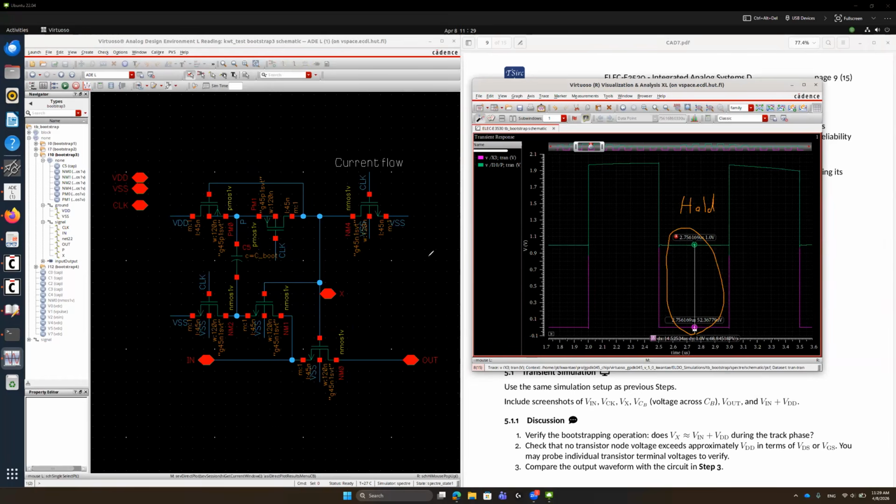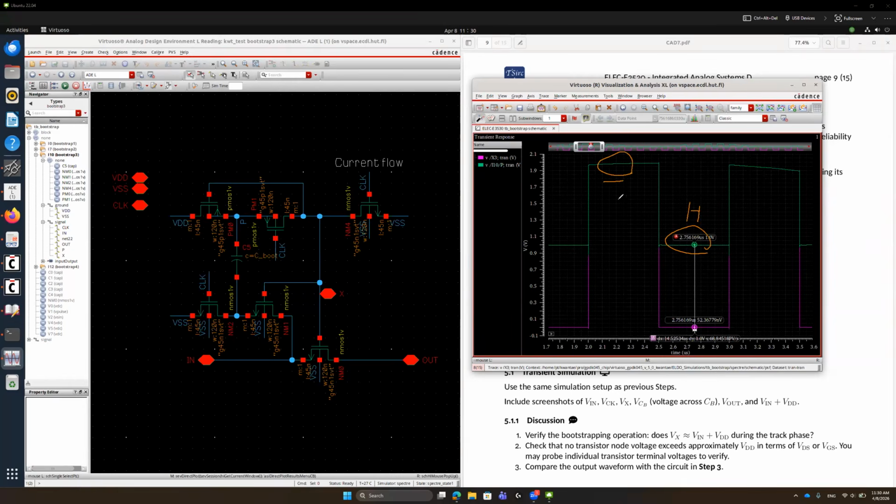For the hold phase, there's no high voltage because we are resetting all the circuits to 0 volt, and this is VDD, and only the VX and VP nodes are high voltages. So everything else is within 1 volt. So this is okay, but this is a hold.